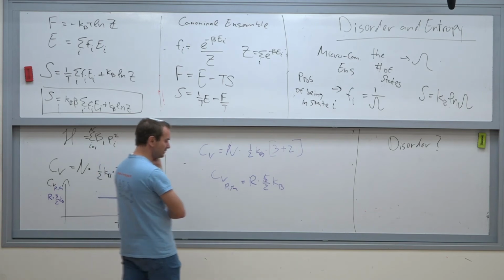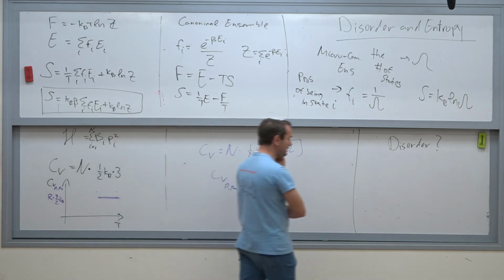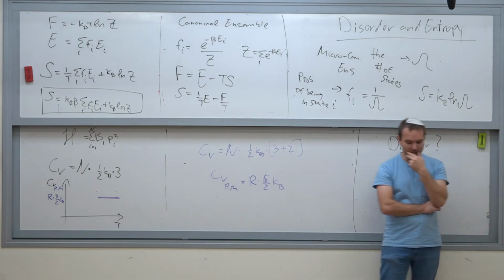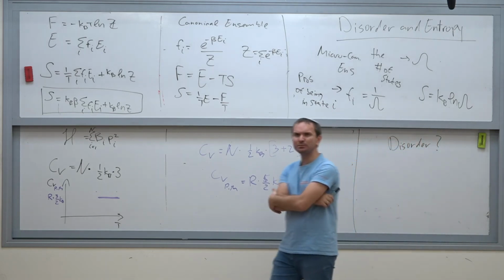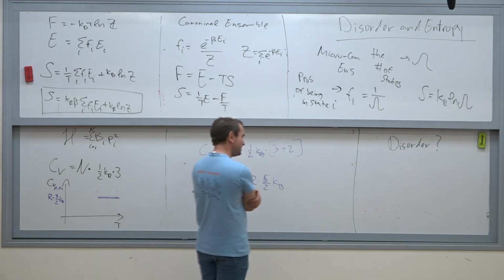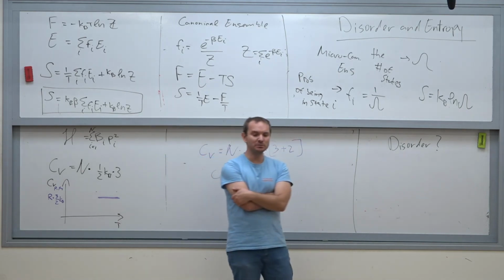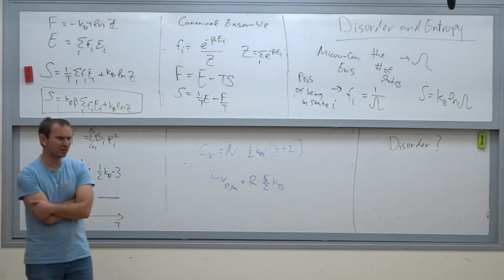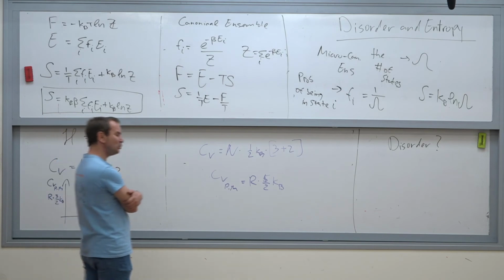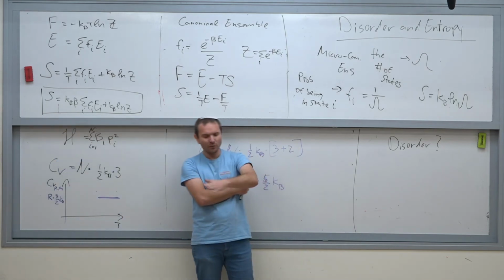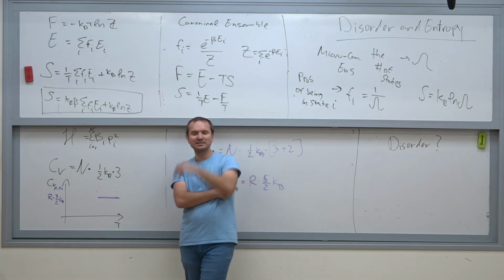Now in statistical physics, when we speak about order and disorder, we speak about the different distributions of the system over its different admissible states. So for us, order or disorder is the distribution of the probabilities of the system being in its different states.